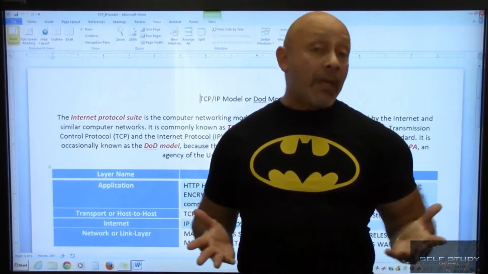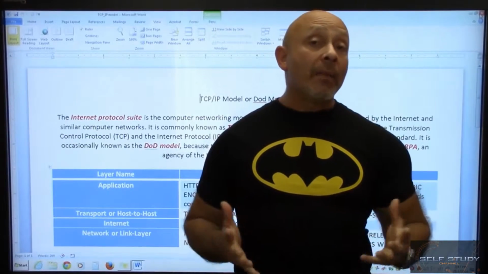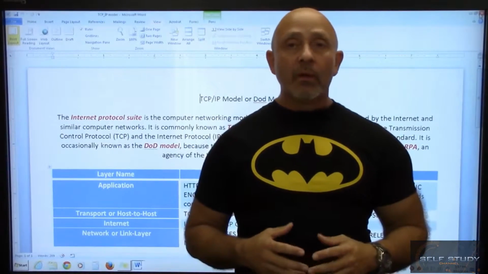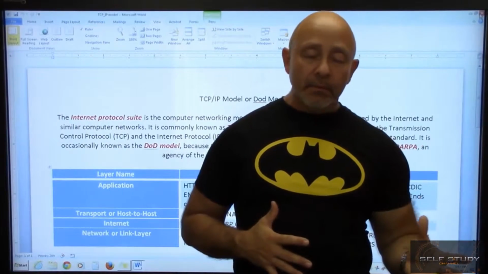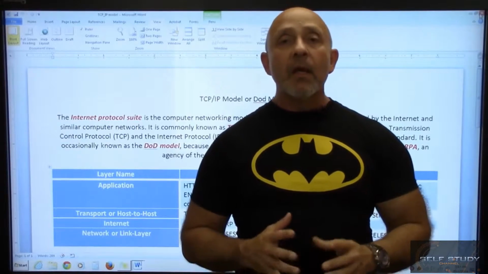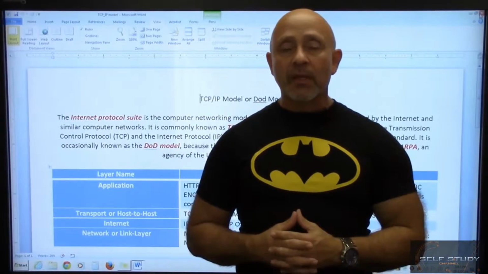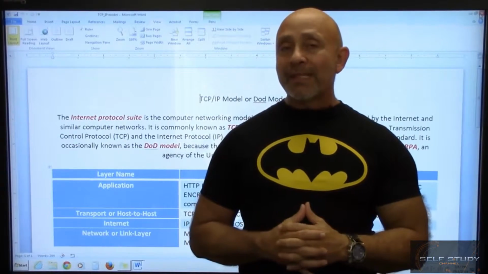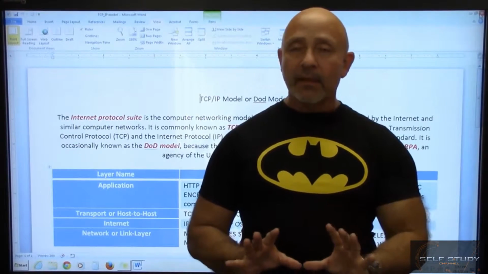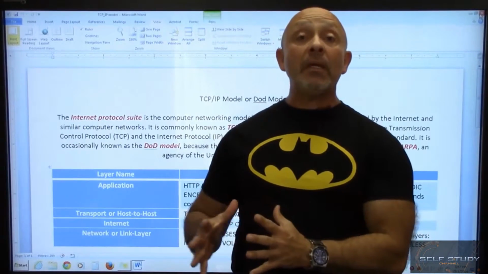With IP, which is the connectionless protocol, we're talking about IP addressing, whether we're using class A addresses or class B addresses, and we'll talk about that in future lessons. And we have ICMP that deals with the internet layer, and we'll get into that in the next lessons. But this is how TCP/IP came about.